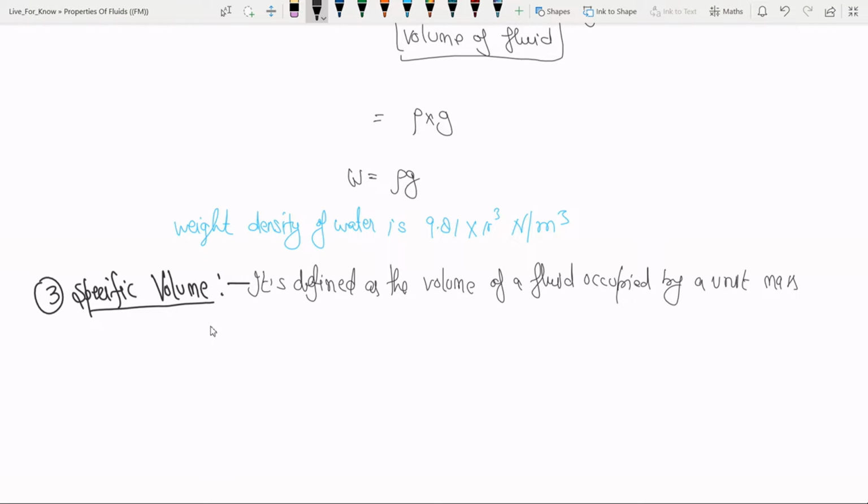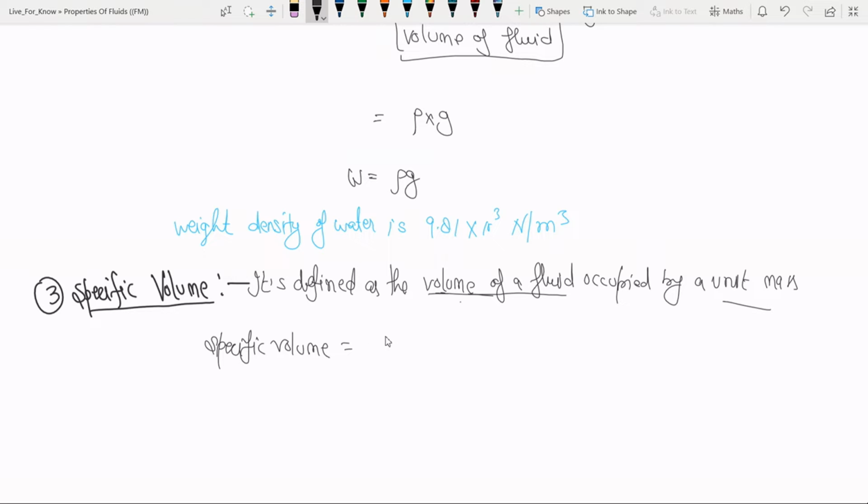We get the formula from its definition. Volume of fluid occupied by unit mass.